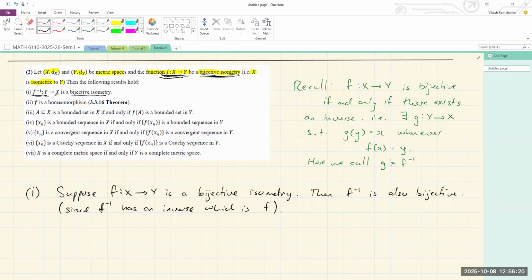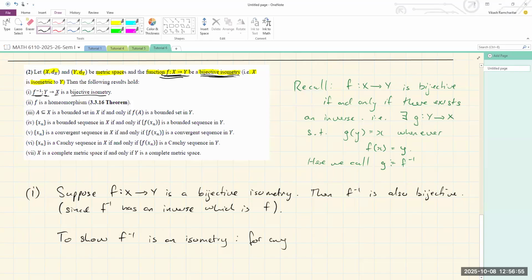Okay, so to show something is an isometry, I just need to verify that it preserves the distances with respect to the metric. So to show f inverse is an isometry, we need to show that for any 2 points.